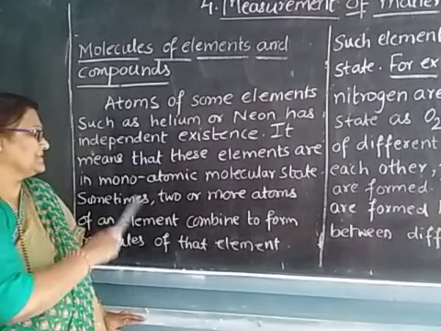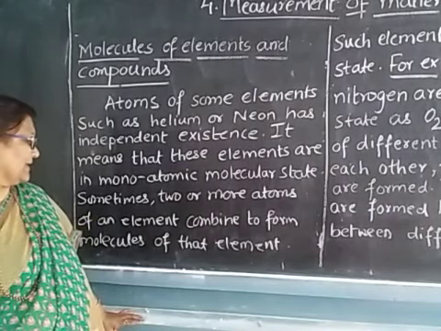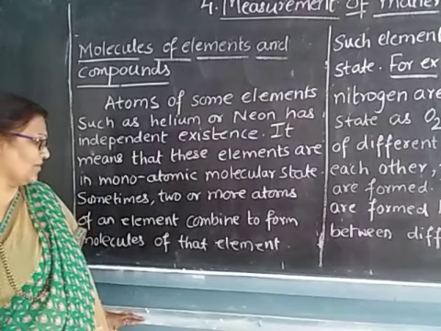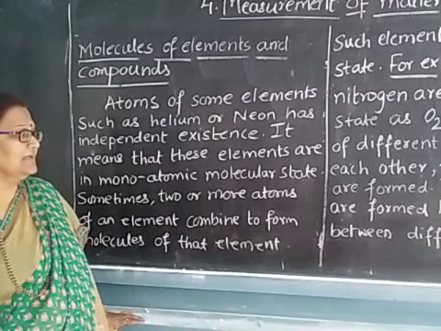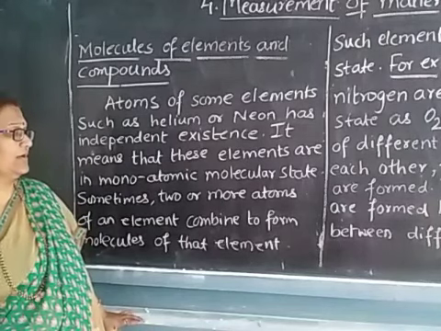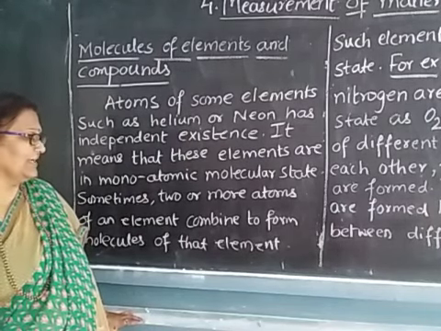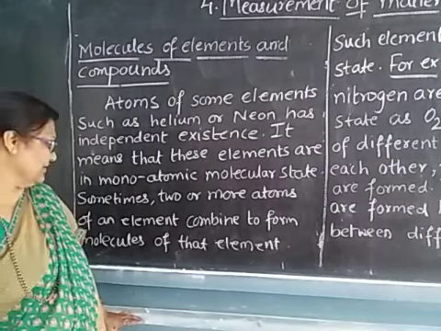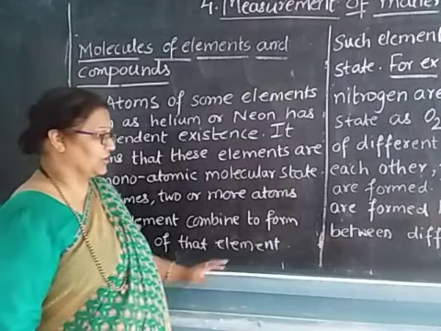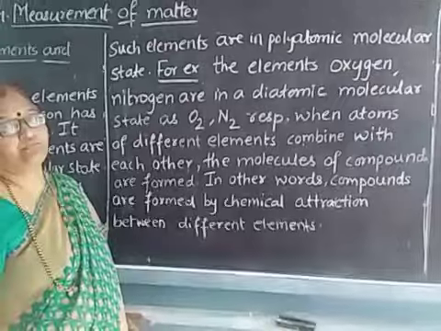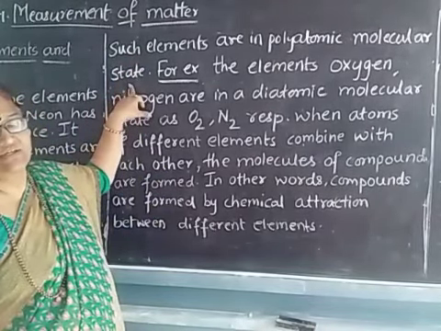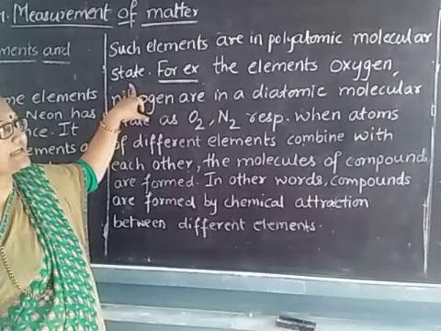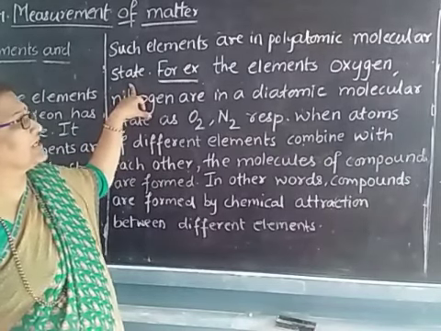Sometimes two or more atoms of an element combine to form molecules of that element. So what happens here? Sometimes two or more atoms of an element combine to form the molecules of a particular element. Such elements are in a polyatomic molecular state.